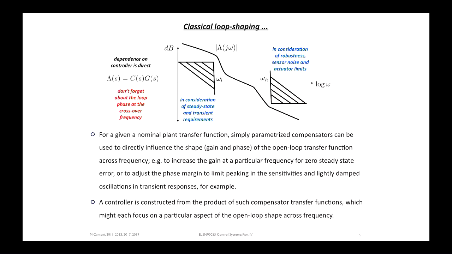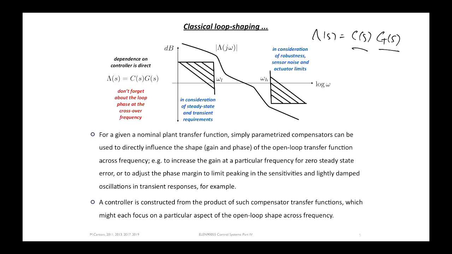So we often think about control design in terms of compensating the open loop plant transfer function. So we've been calling that G. What we're looking at here is lambda, and lambda is the product of the controller transfer function and the plant transfer function. So we often call this a compensator.